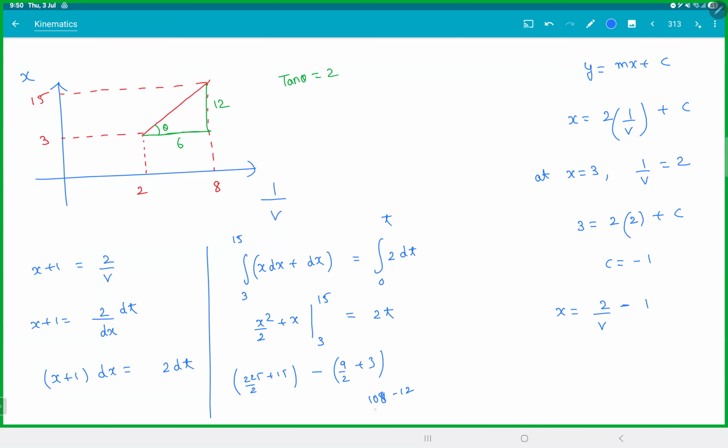Looks like 54 only, I guess. How much is this? 96, 48. I got 48, right? Or did I mess up something? Hope you also got 48. Sir, I got my mistake and now I'm getting 60. Okay, then I must be messing up somewhere. Did I do anything wrong till here? Anyone found any mistake here?